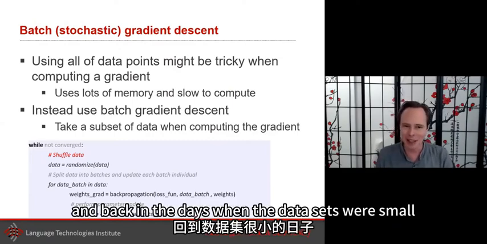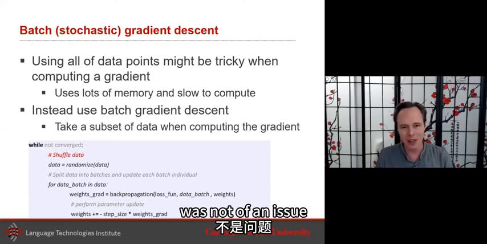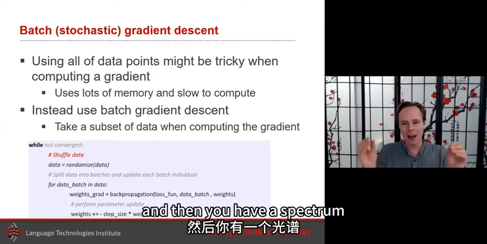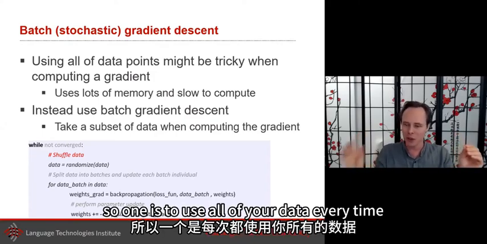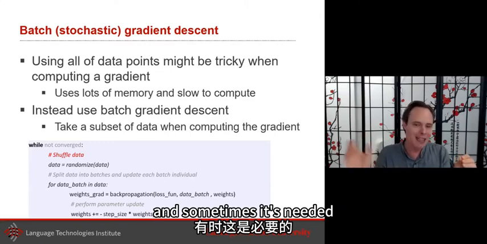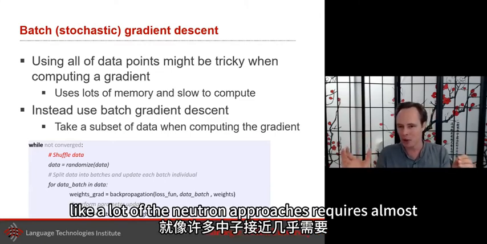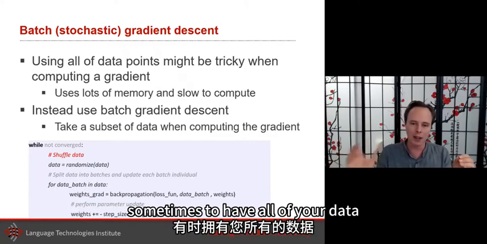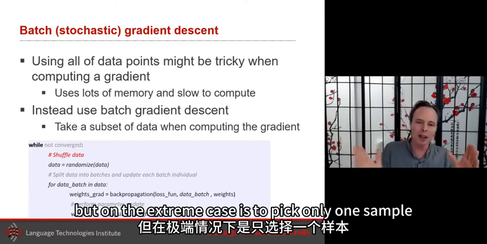And back in the days when the data sets were small, it was not an issue. And then you have a spectrum. One end is you use all of your data every time, and sometimes it's needed, like a lot of the Newton approaches sometimes require all of your data to work well. But the extreme case is to pick only one sample.